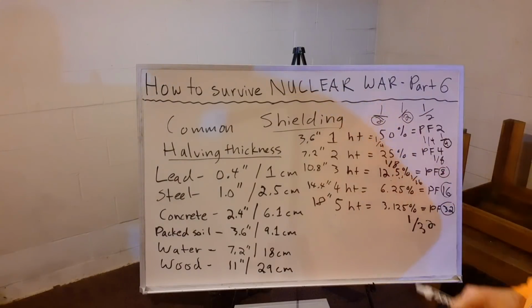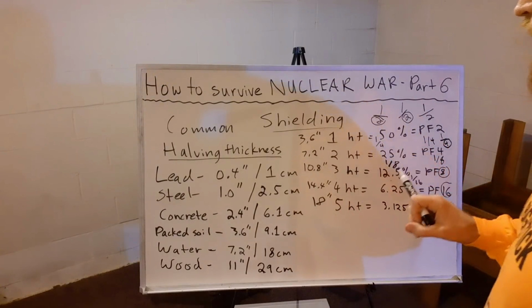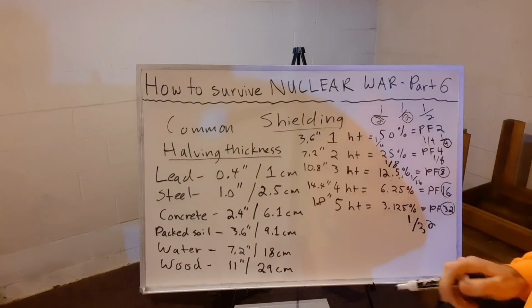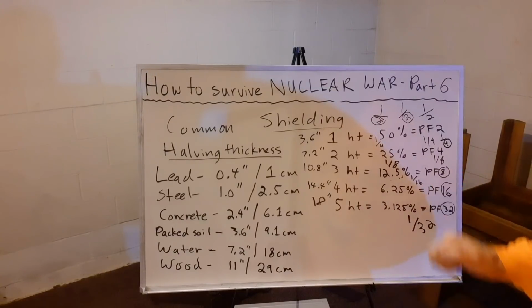Okay, so this is why sandbags filled with soil, and especially if you wet that soil, can be very, very effective at creating a field expedient fallout shelter. You can use them as a material for your field expedient fallout shelter, your hasty fallout shelter.